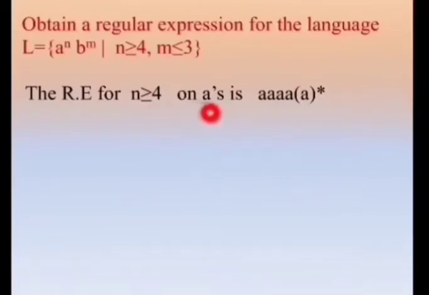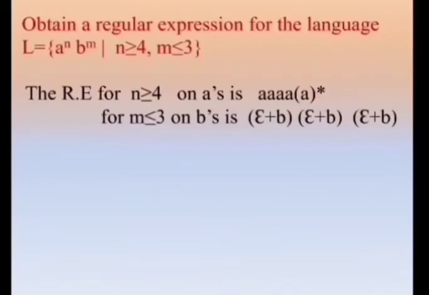The regular expression for the condition n greater than or equal to 4 on A's: 4 A's minimum, so greater than or equal to 4 A's is satisfied by AAAA followed by A star. Similarly for m less than or equal to 3, maximum there can be 3 B's, so each B may be present or may not be present.